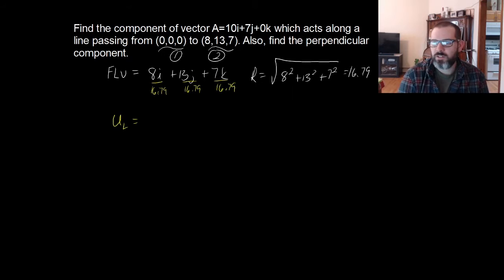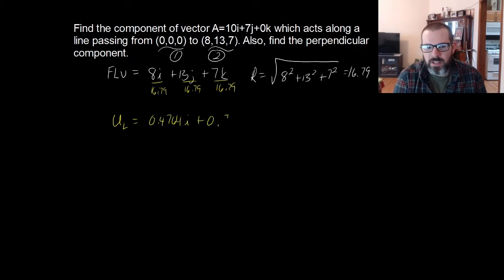So the unit vector of the line is 0.4764i plus 0.7743j plus 0.4169k.